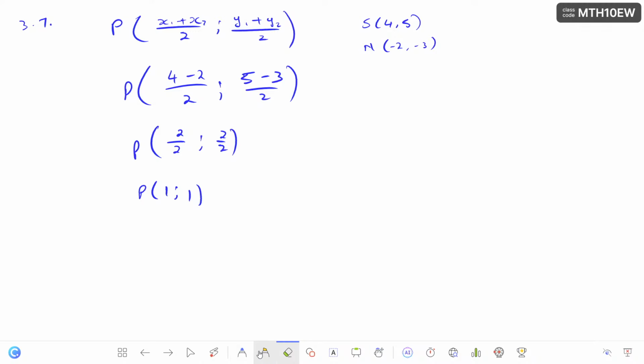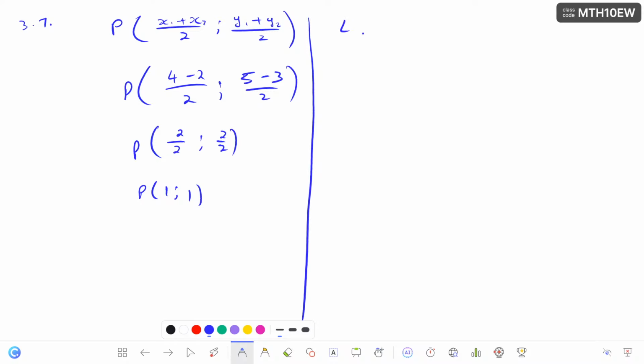So we are going to calculate the distance between L, which is -4 and 1, and P, which is 1 and 1.